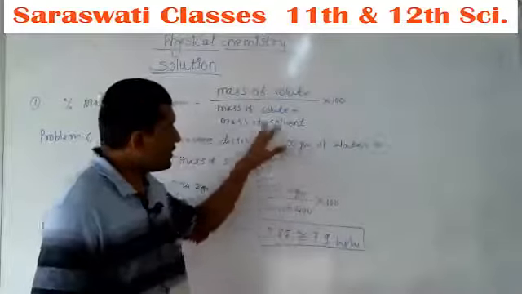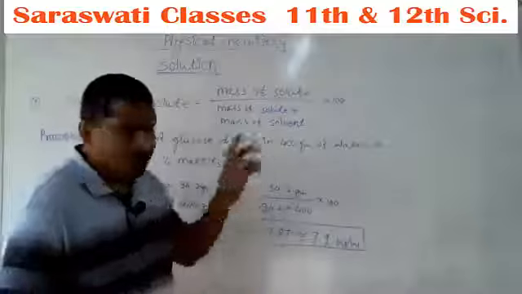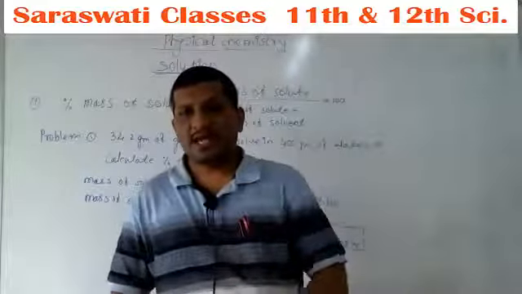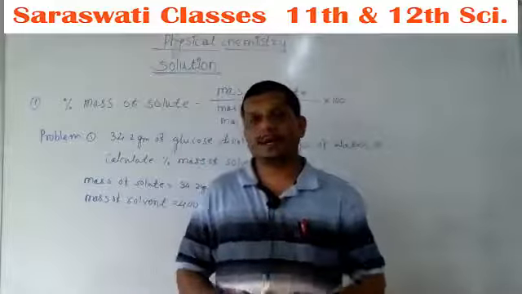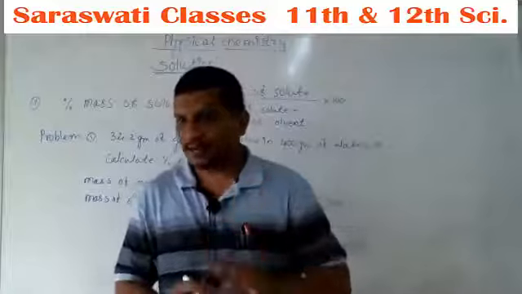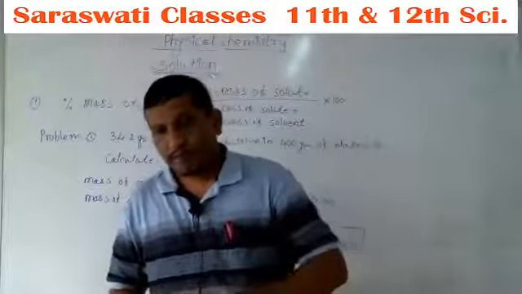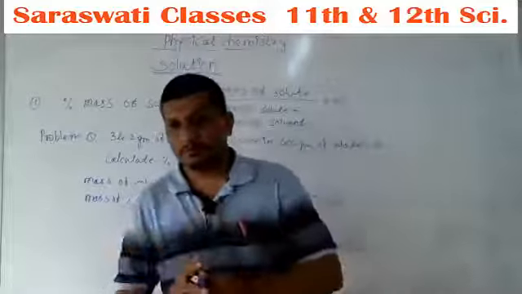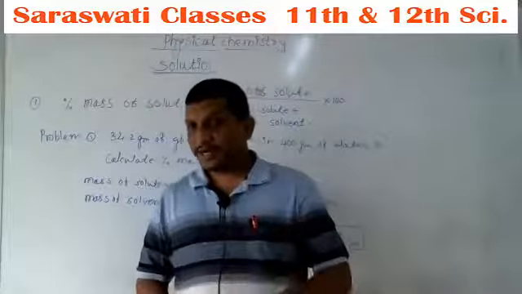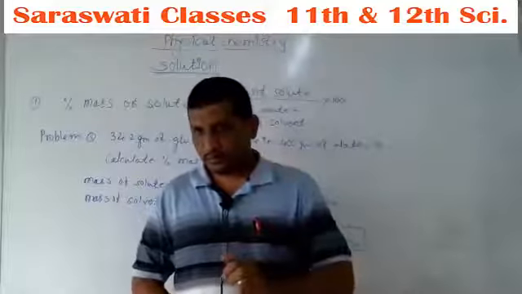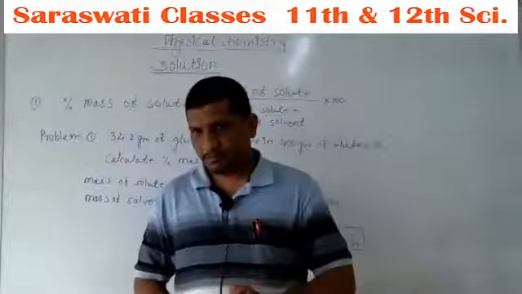Now here it is explained that the percentage of mass of solute by volume is a temperature dependent quantity. Volume by volume is temperature dependent. If temperature rises, the volume changes, whereas weight by weight is very clear. It's a very good method to calculate the percentage of mass.